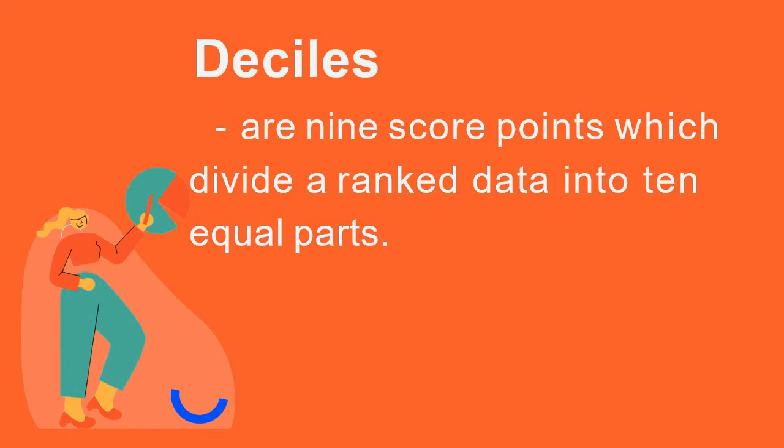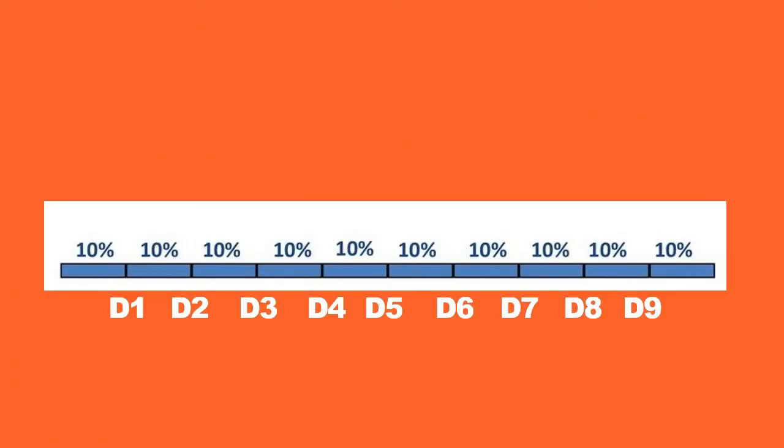Now, let's proceed to the term deciles, which is another measure of position. These are 9 score points which divide a ranked data into 10 equal parts. So, what is the difference between quartiles and deciles? Quartiles are divided into 4 equal parts, and deciles into 10 equal parts.